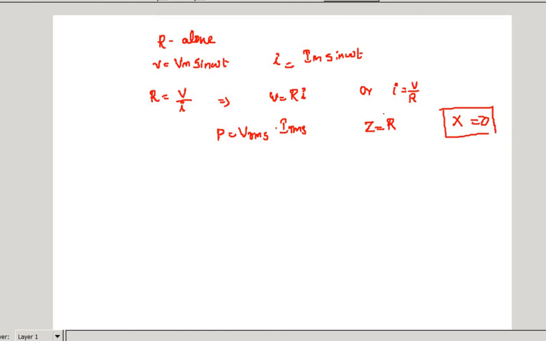Omega is the angular frequency, omega equal to 2 pi f. And one more thing, in a purely resistive circuit, voltage and current will be in phase.